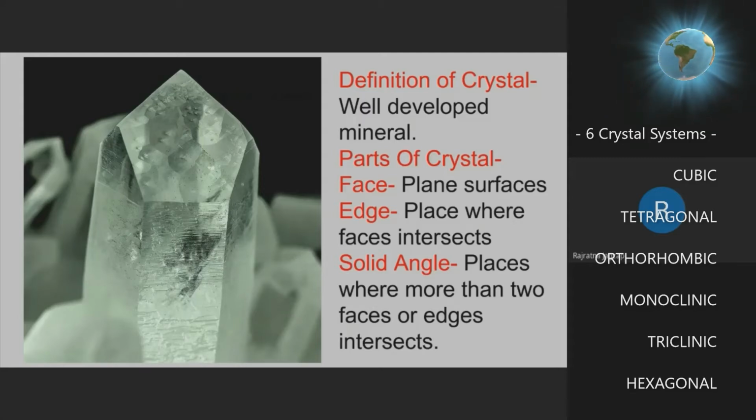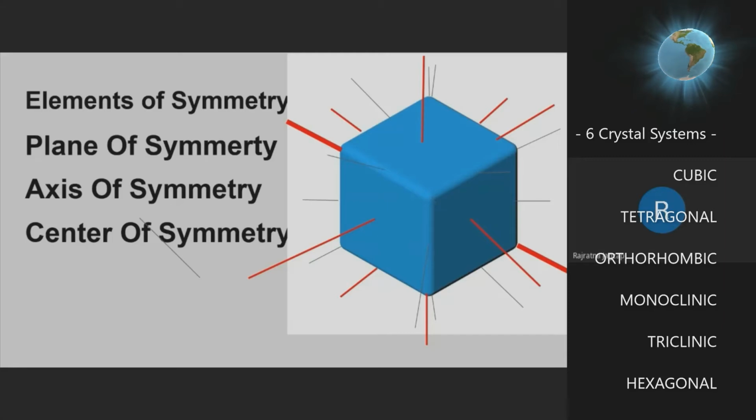What is the basis for classifying these crystals into different systems? They are elements of symmetry. We'll be checking the elements of symmetry of a particular crystal and then decide which of these 6 systems it belongs to. So each crystal will be checked by its elements of symmetry.